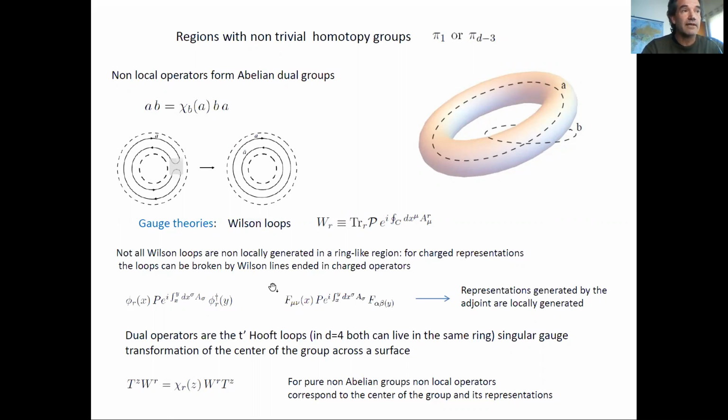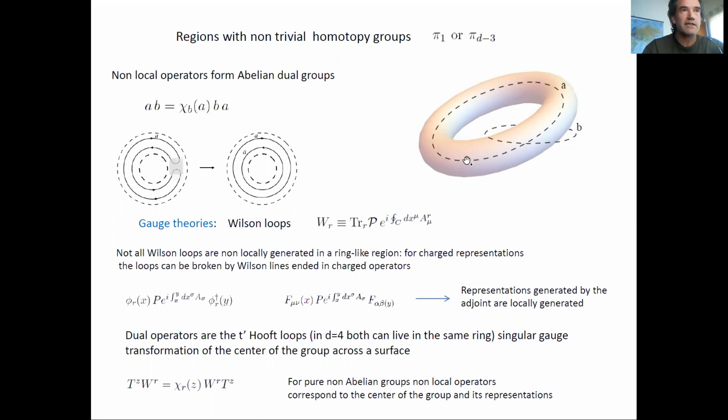And in a non-Abelian gauge theory, you always have these Wilson lines that are for the fundamental representation, for the adjoint representation. This F is the field strength. So you can always break the adjoint representation into pieces.